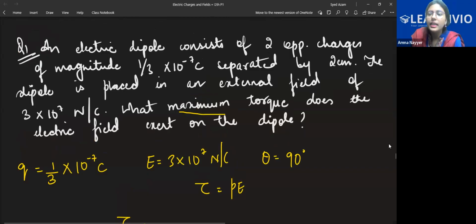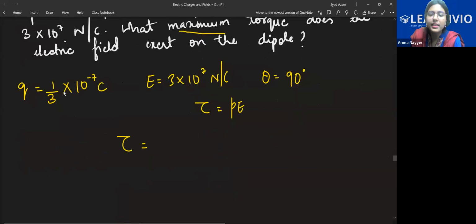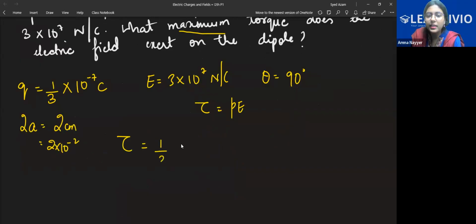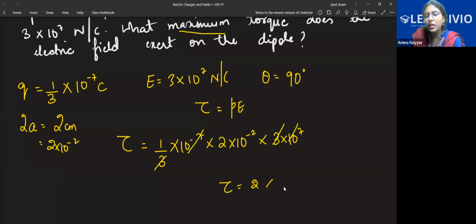Yes, very good. Dipole moment is the charge times the separation between the dipoles. 2a is given as 2 centimeter, which is 2 into 10 to the power minus 2. So the charge is 1 by 3 into 10 to the power minus 7, 2a is 2 into 10 to the power minus 2, and the electric field is 10 to the power 7. The 3 gets cancelled, and torque becomes 2 into 10 to the power minus 2 Newton meter.